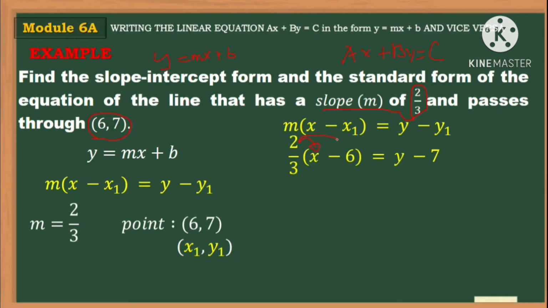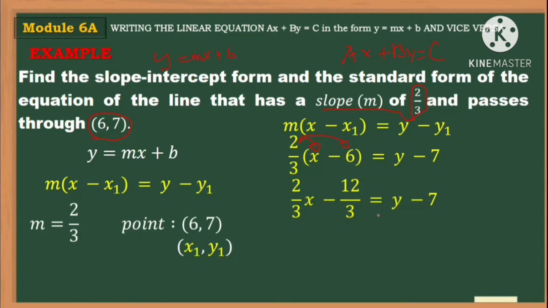So distribute 2 over 3 times x, that is 2 over 3x. Then 2 times 6, that is 12, all over 3. So this minus is equal to y minus 7.